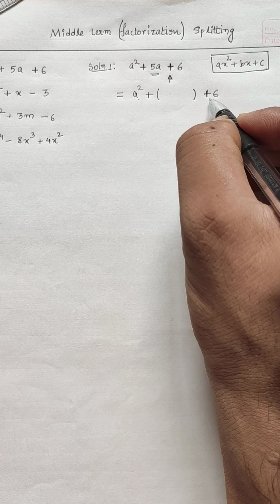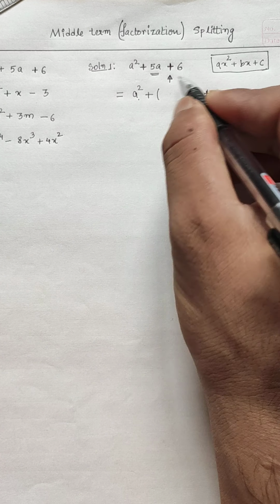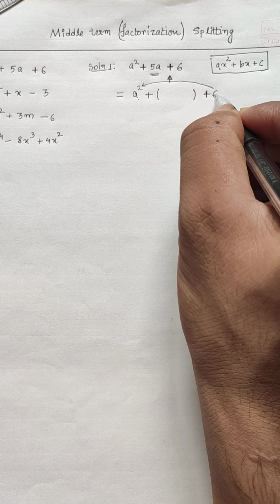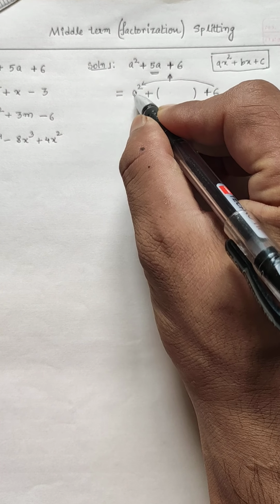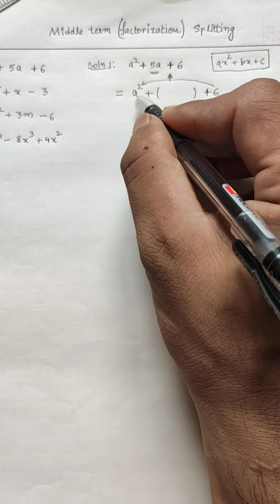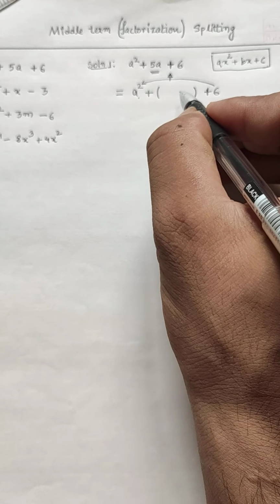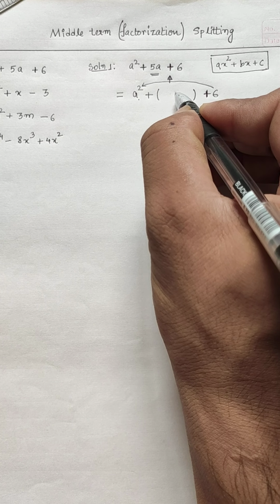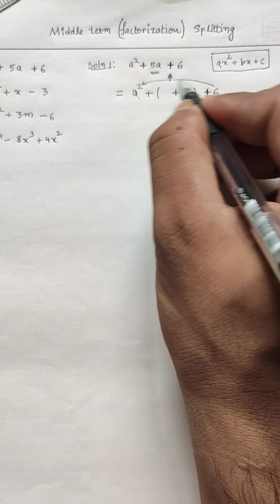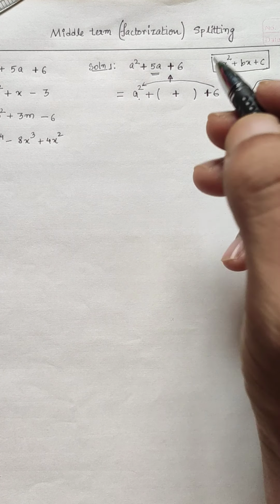First we have to multiply the last term with the first term, the variable having the square term, that is a square, the whole term. If here is plus, you have to keep the plus here, and when you multiply these two, your answer is 6a square.